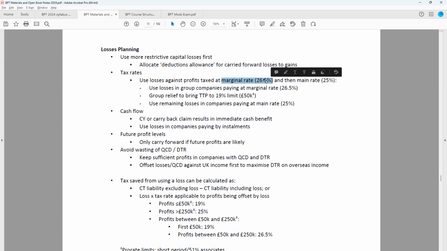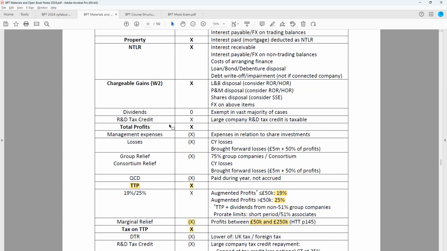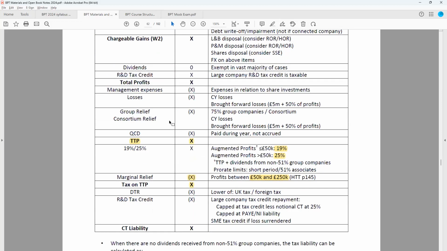Offset the loss against a marginal rate where you can, because it effectively gives an amount of relief, and then the main rate, and then obviously the small rate. So again, not really technically too significant in terms of a change, but this probably is the most significant change for BPT, because in those planning questions, it's going to affect your decision making about where to use a loss or where to use AIA, for example.